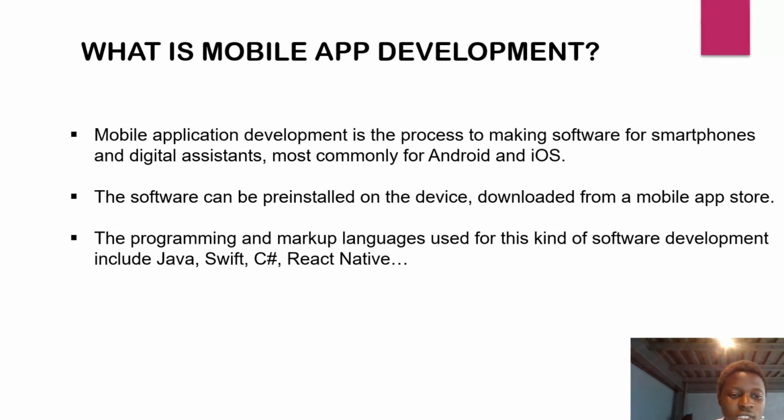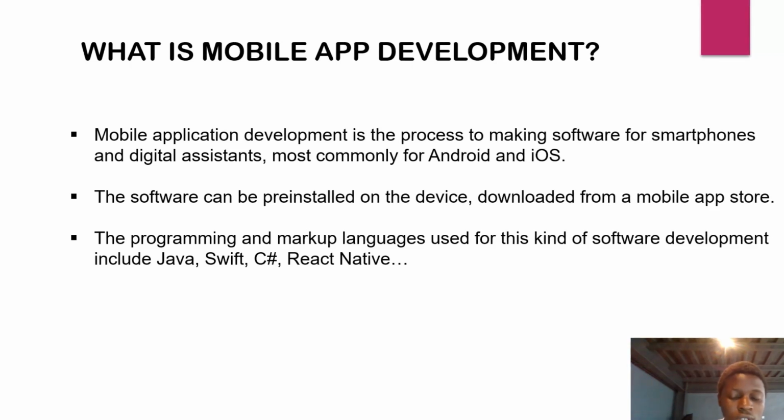The next thing is that the software can be pre-installed on devices or downloaded from a mobile app store. Most of the apps that get into our mobile phones can be downloaded from a mobile app store. Examples of mobile app stores are the Google Play Store or the Apple App Store, where you get and download your software.